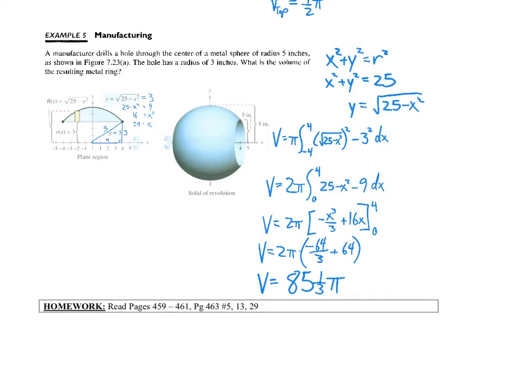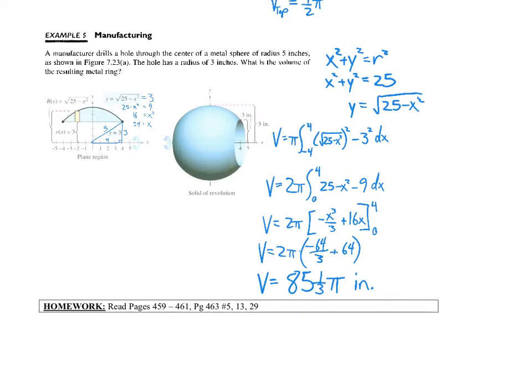Okay, this one we do have units of measure for, so we should put inches cubed, or write out cubic inches. Okay, that's the volume of this metal ring. Now if we know the cost of that metal, we can figure out how much it's going to cost in materials to make this thing.